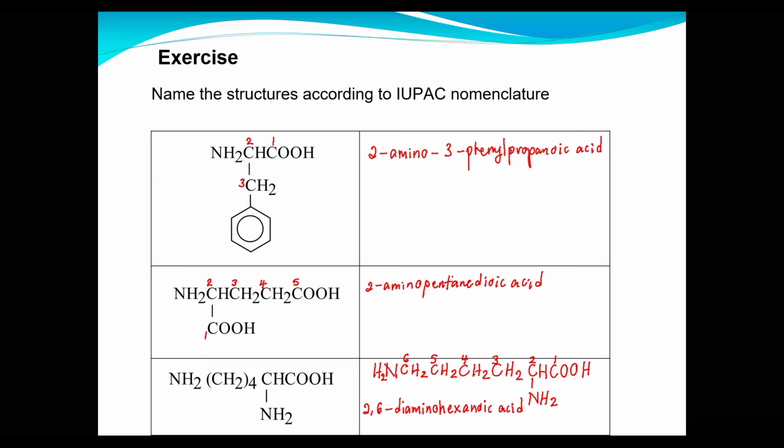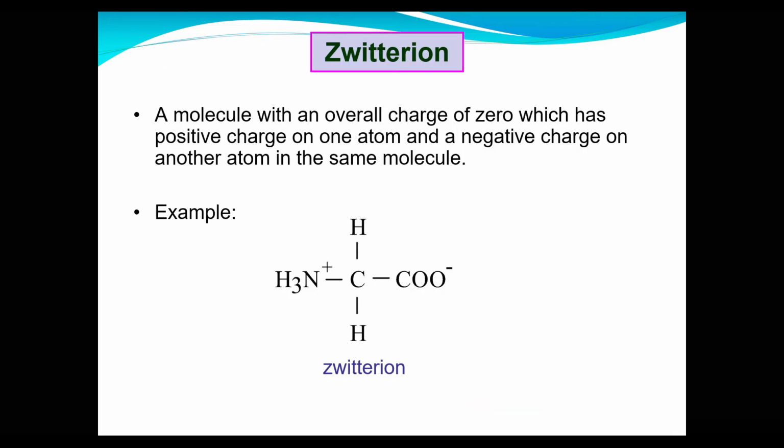Let us now look at what is called a zwitter ion. A zwitter ion is a molecule with an overall charge of 0, which has a positive charge on one atom and a negative charge on another atom in the same molecule.